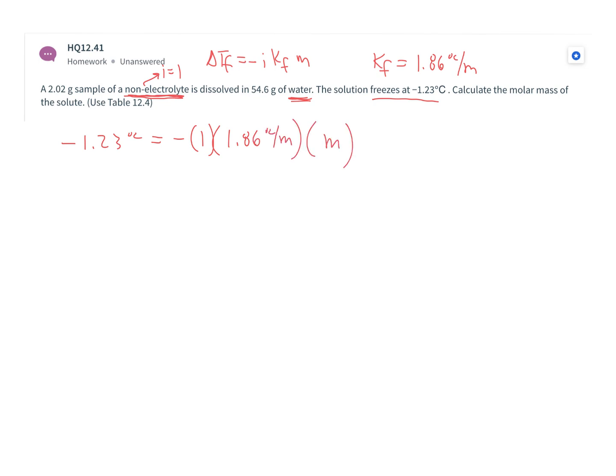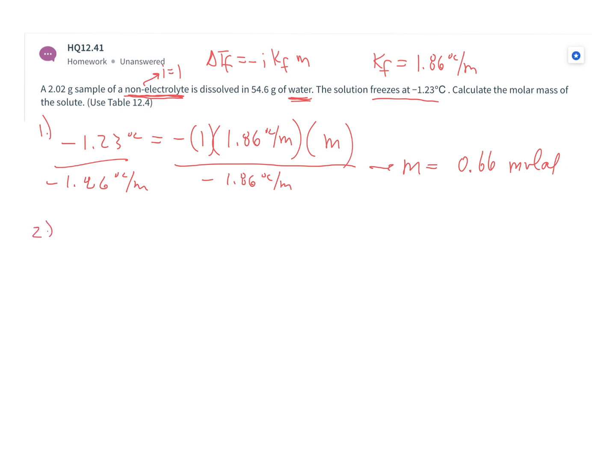We need to find our molality. So step 1 is simply that. We're going to divide across by negative 1.86 degrees Celsius per molal. And I get the molality of this solution to be about 0.66 molal.